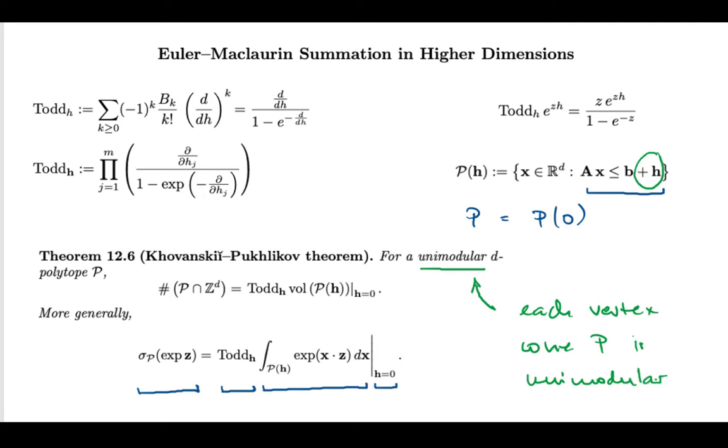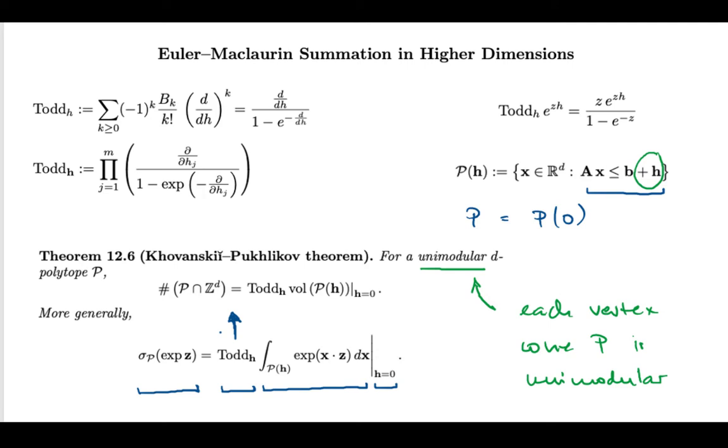Philosophically, we have a lattice polytope, and if you now stand at any vertex and consider the vertex cone, this vertex cone is generated by a Z-basis of Z to the d. So this implies in particular that not only is P a lattice polytope, but it's also simple.